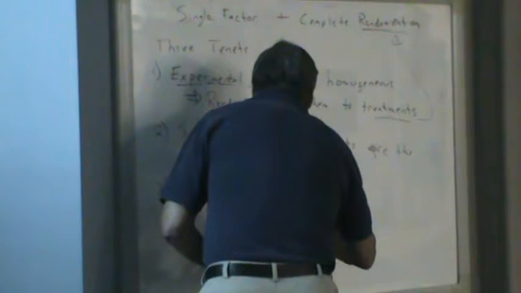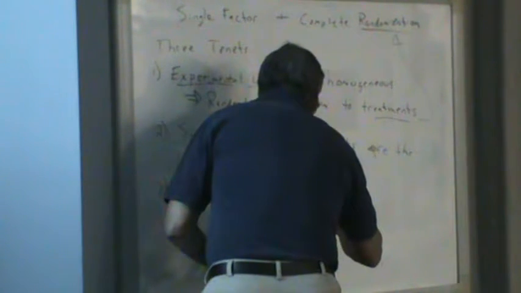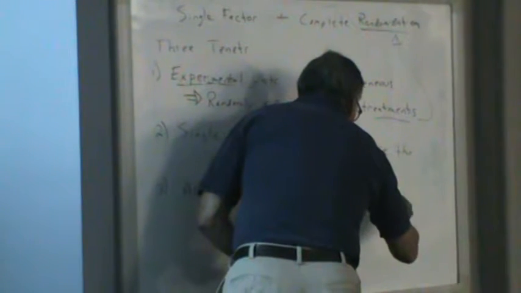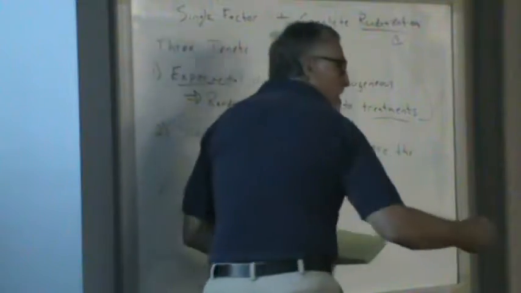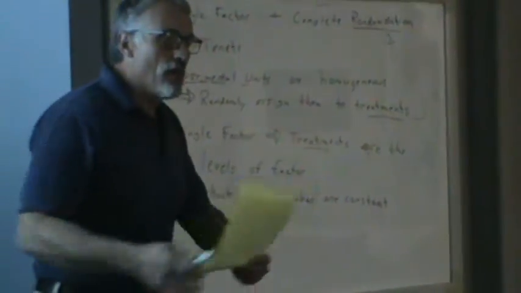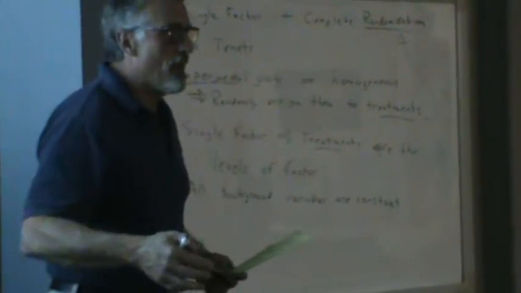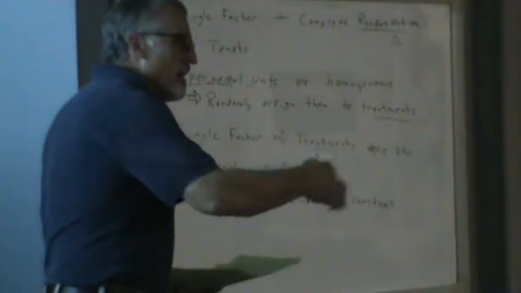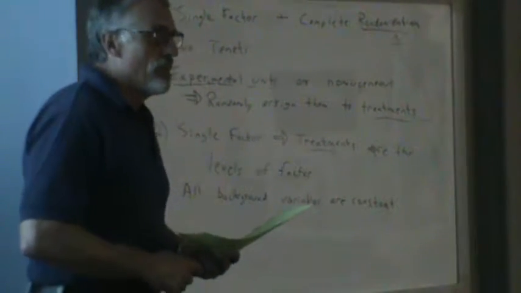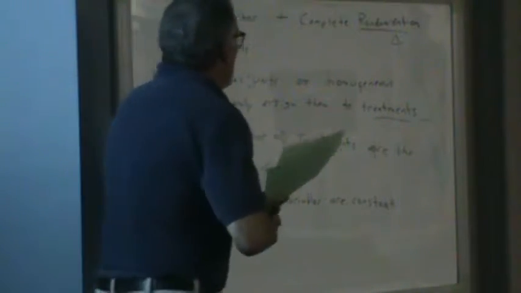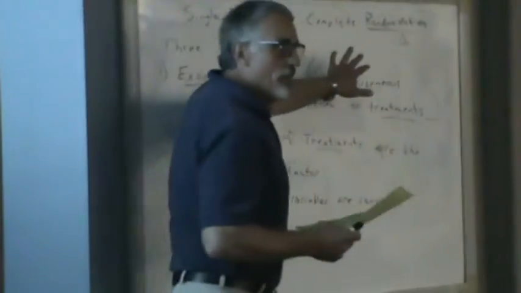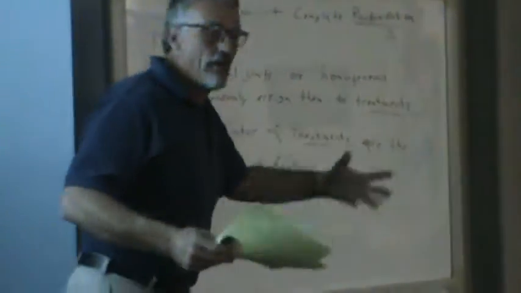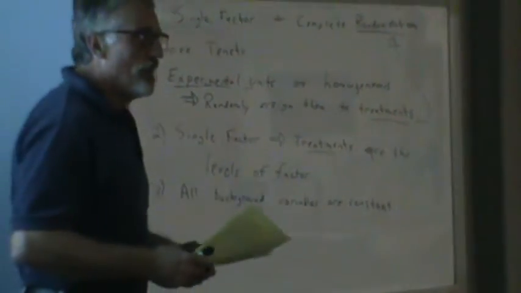Okay, and then because we're able to do this, the implication is that all of the background variables are either constant or can be made that way, or essentially constant. So time is not a problem, season's not a problem, the people all live in the same area or have the same demographics, all the things that would bother us and make us not be able to completely randomly put things in and have to assign them based on some background thing that we cannot control are gone.